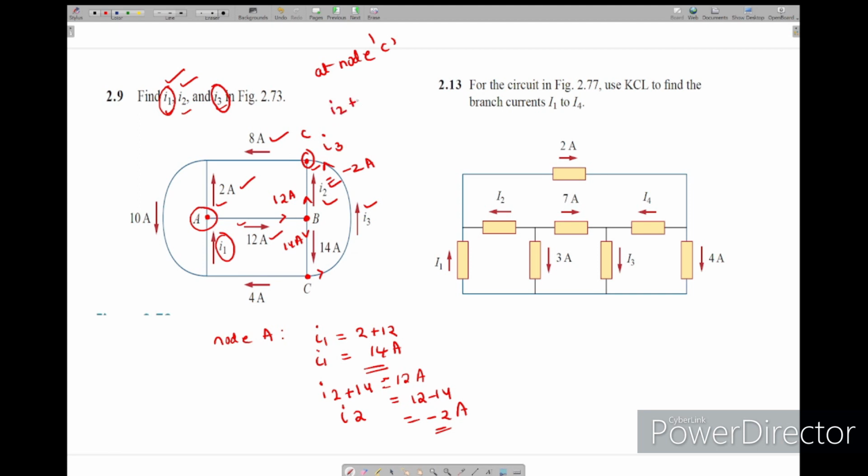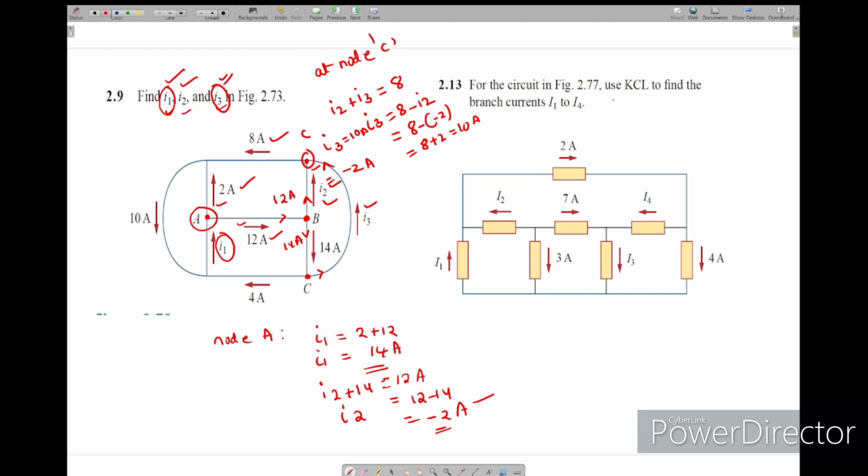I2 plus I3 is entering. Here 8 amps is leaving. So I3 equals 8 minus I2. We got I2 as minus 2, so 8 minus of minus 2, so 8 plus 2, it is 10 amps. So I3 is 10 amps. This is how we find I1, I2, I3.